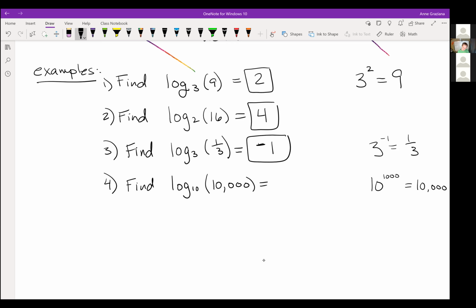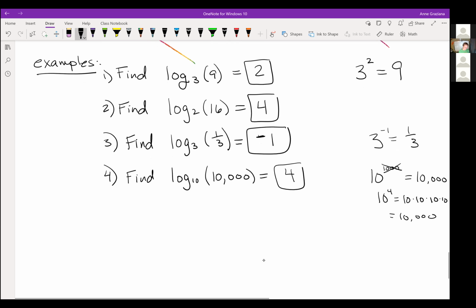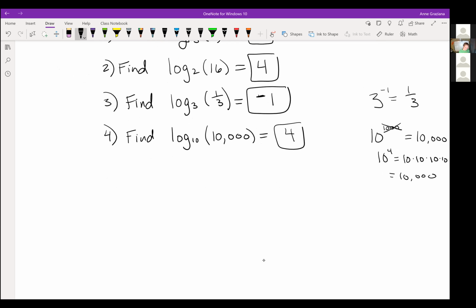Isn't it 4? Yeah, Nader's got it. It's 10 to the 4th. That's 10 times 10 times 10 times 10, which gives me 10,000. So the answer is 4. It's the exponent.